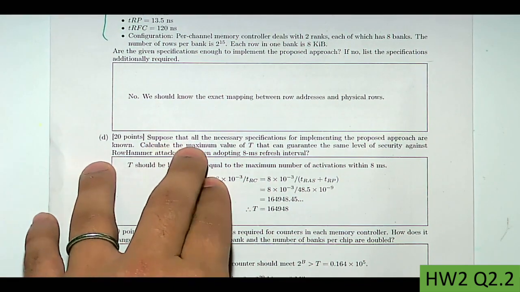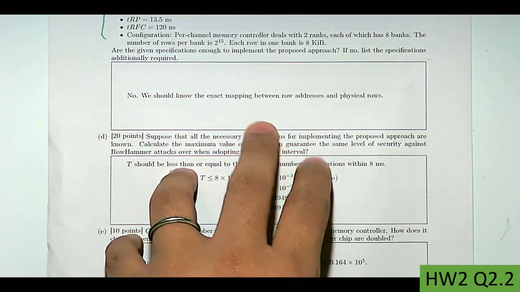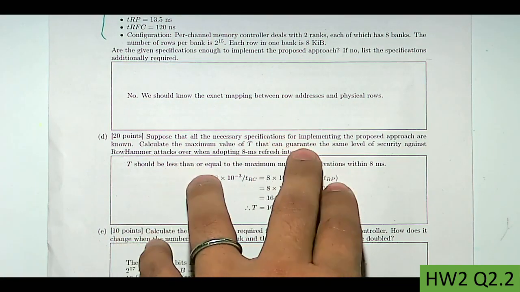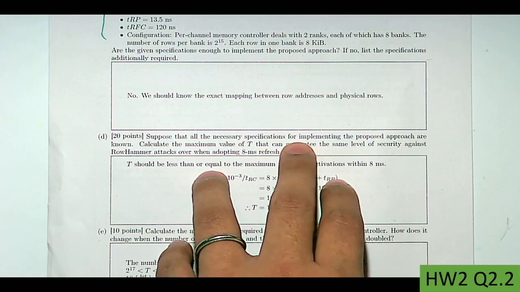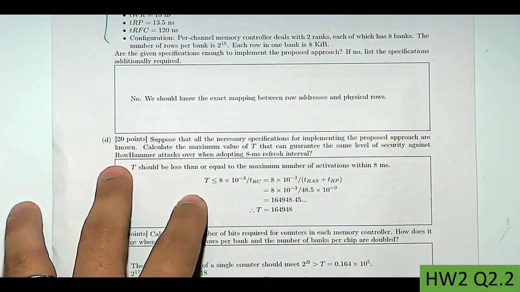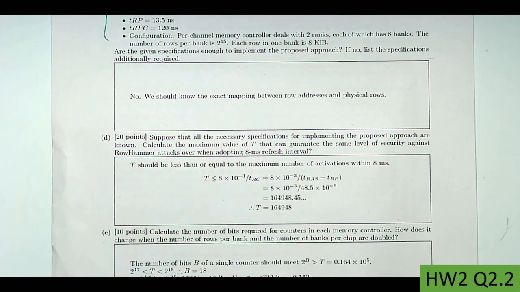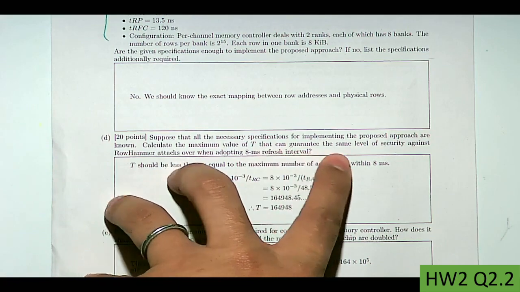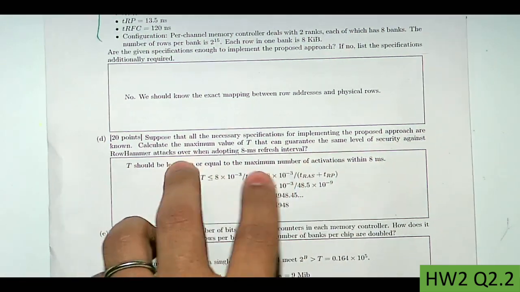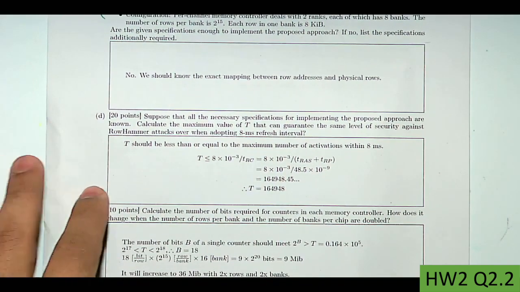Suppose that all the necessary specifications for implementing the proposed approach, meaning the exact mapping between the row address and physical rows, are known. Calculate the maximum value of t, the threshold value that can guarantee the same level of security against RowHammer attacks as when adopting 8 millisecond refresh intervals.